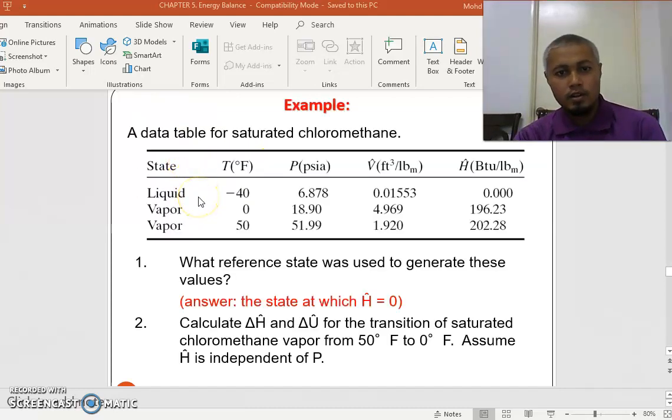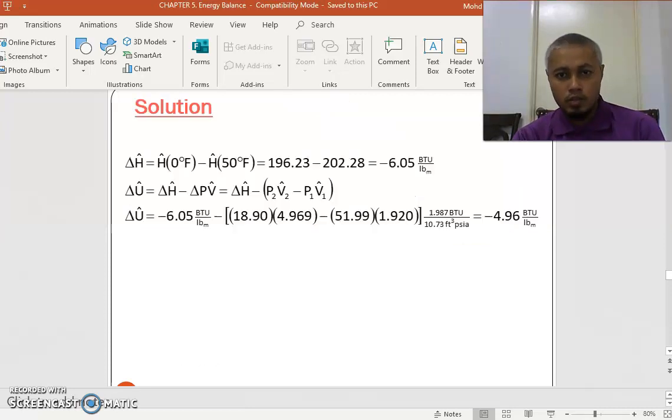At 50 degrees Fahrenheit we have 202, at 0 we have 196. We take the final state minus the initial state, so 196.23 minus 202.28, as shown in the solution here.